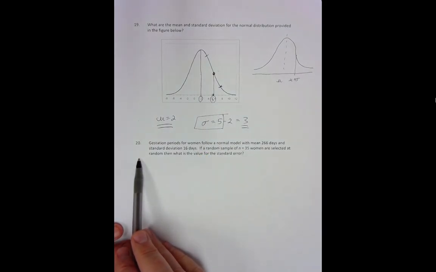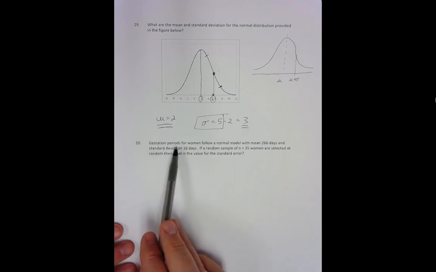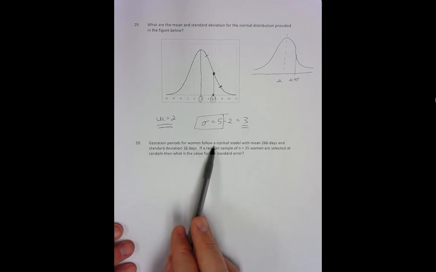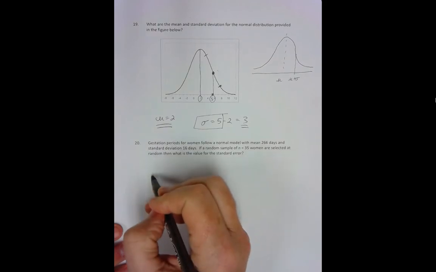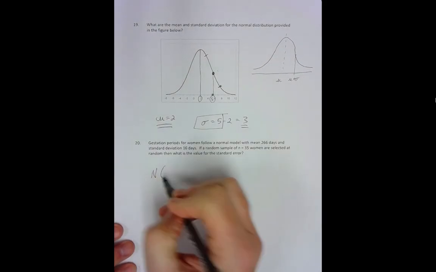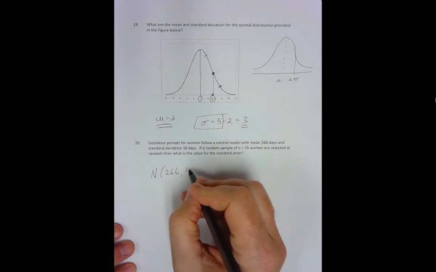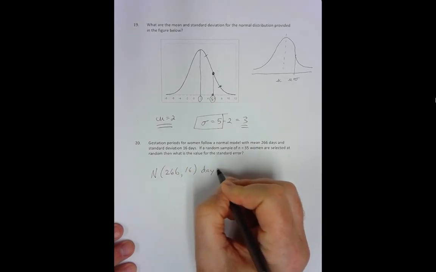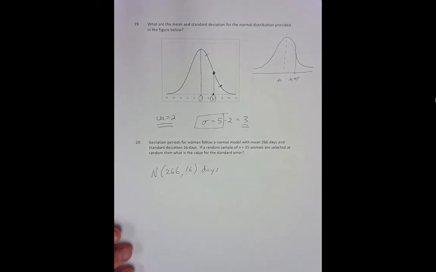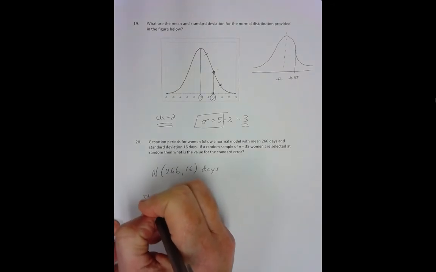All right, gang, last problem. Gestation periods for women follow a normal model with mean 266 days and standard deviation 16 days. If a random sample of 35 women are selected at random, what is the value for the standard error?